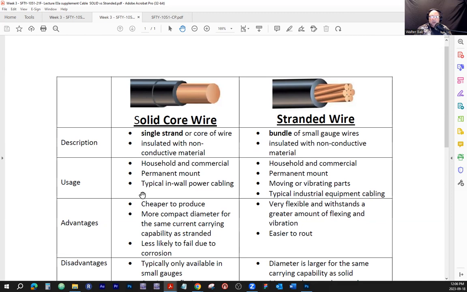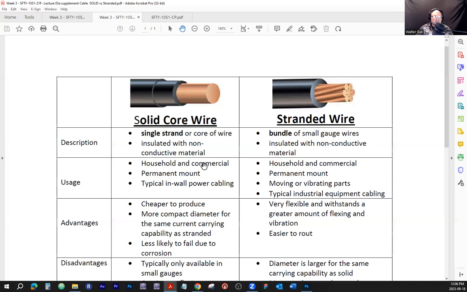Okay, usage. Household and commercial installations. And this one also has household and commercial installations. Can you install either of those within household or commercial installations?